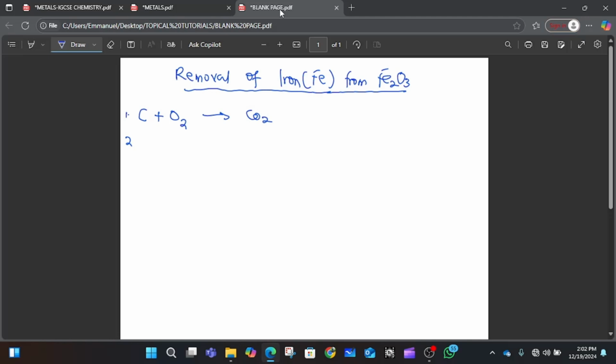The carbon dioxide now reacts with more coke, or it is reduced, to produce carbon monoxide. And carbon monoxide is a stronger reducing agent than carbon.